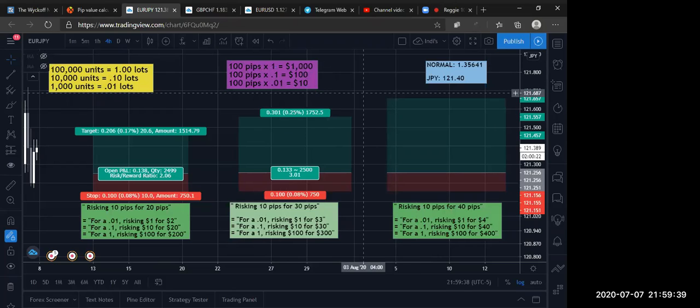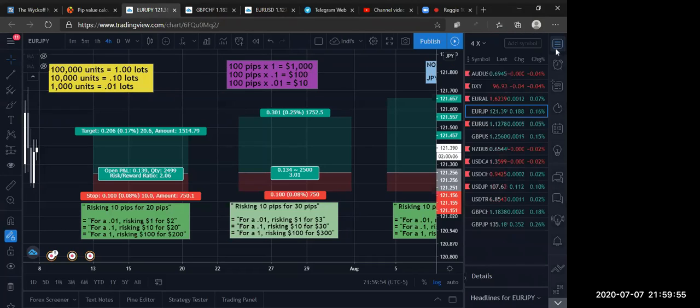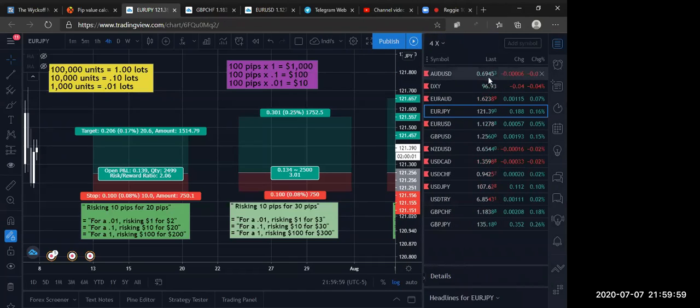Now, what is a pip? That's what this little box is over here in the top right corner. A normal pip, on a lot of normal forex pairs, would be the second to last digit. In this case, it would be this 4 right here. When I say normal pairs, you can look on the side and you'll see AUD, USD. Most of these have 4 to 5 decimal places.